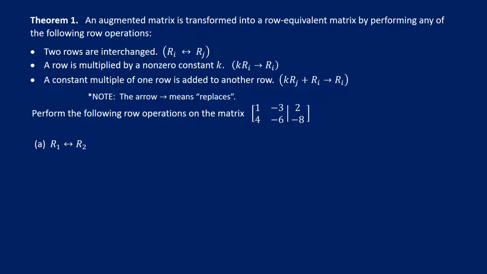For A, this double-headed arrow means that we want to interchange row 1 and row 2. So because 1, negative 3, 2 is row 1, we're going to switch it with row 2. So our new matrix has 4, negative 6, negative 8 in the first row, 1, negative 3, 2 in the second row.